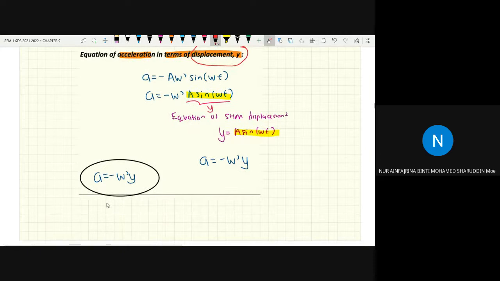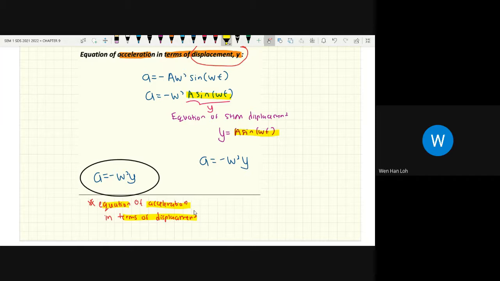So ini adalah equation of acceleration in terms of displacement. So very important. Okay, boleh? Do you have any question? No, Miss.